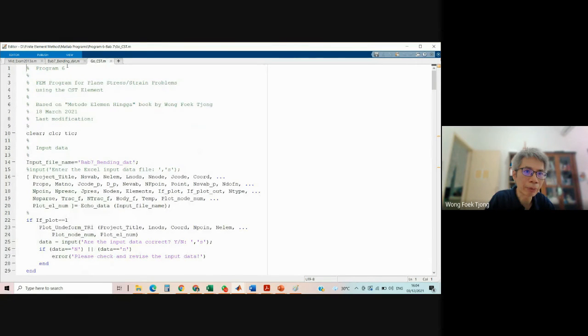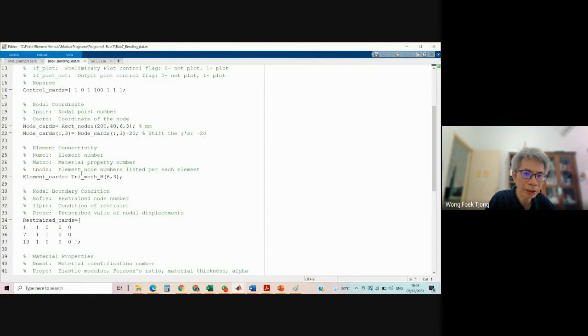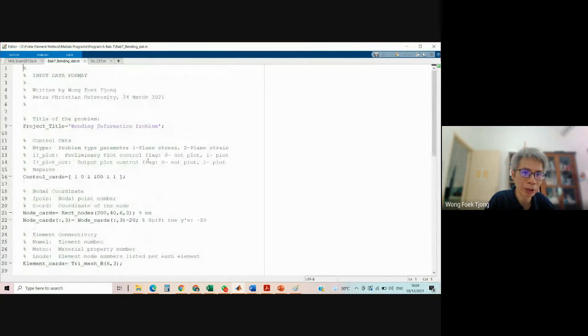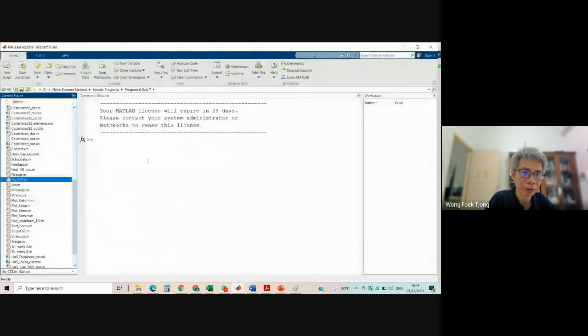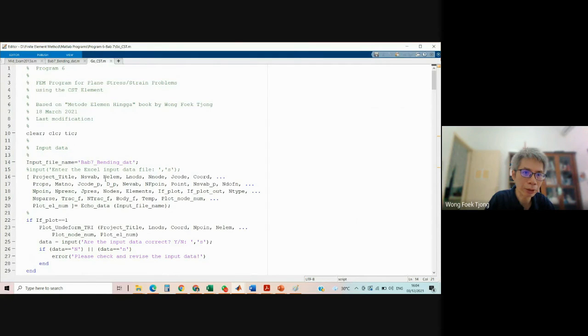Just write the name of the files here, and how many elements. Let's begin from the first one, the lowest one, 2 by 5. And then just run this one, GoCST.